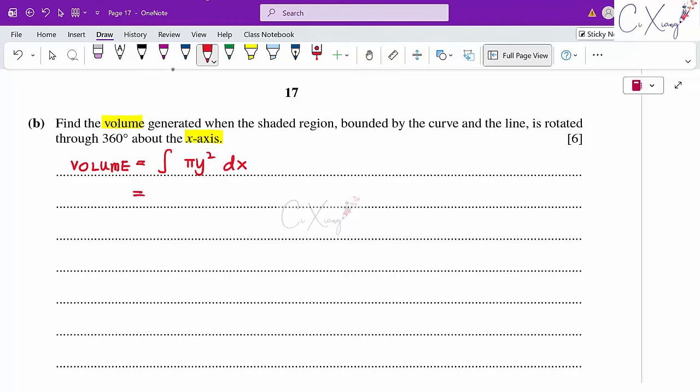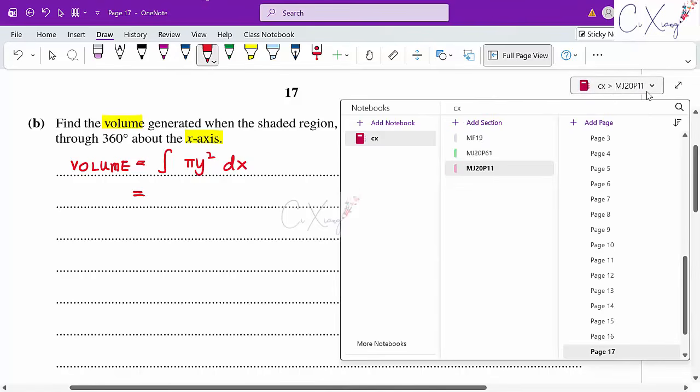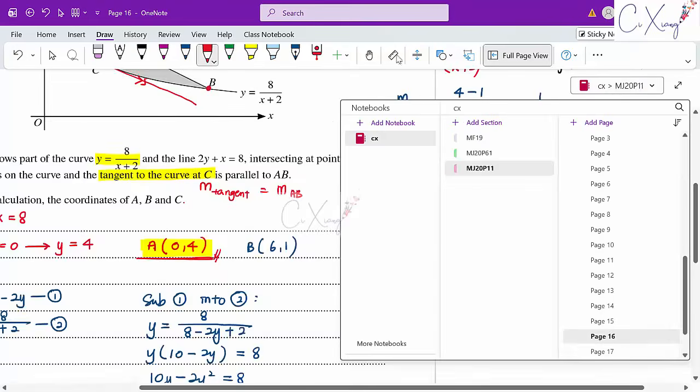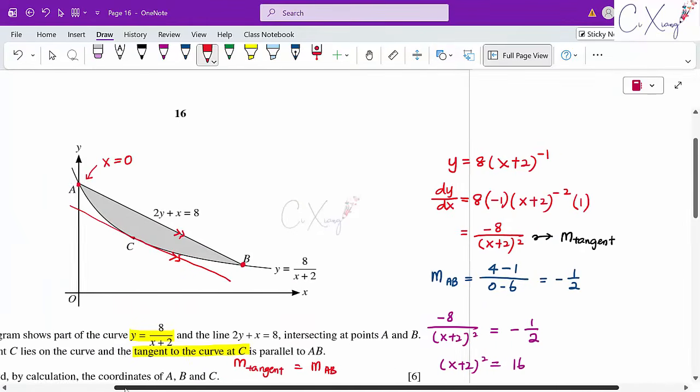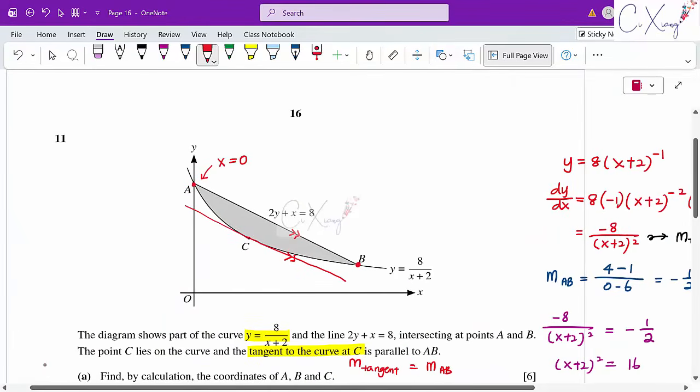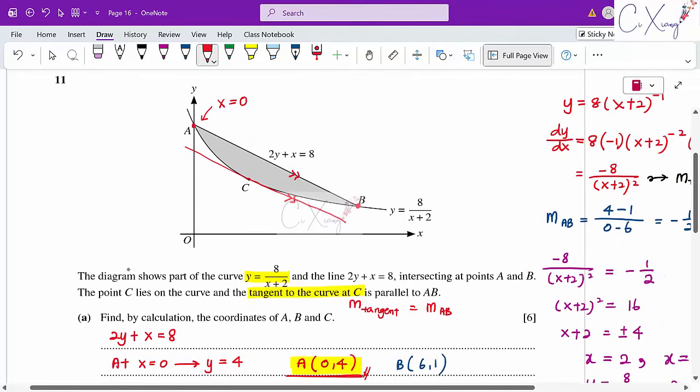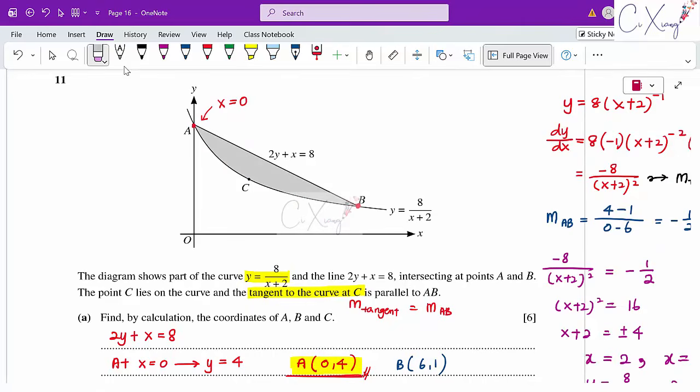Okay, so I think we need to set up the question here first. Pi y squared dx. How can I set up the question? If you have a look at our area here, it is actually bounded by two curves or two functions. The first one is the linear line, on top.